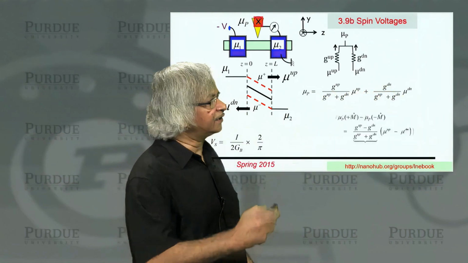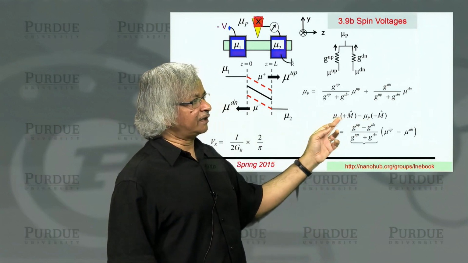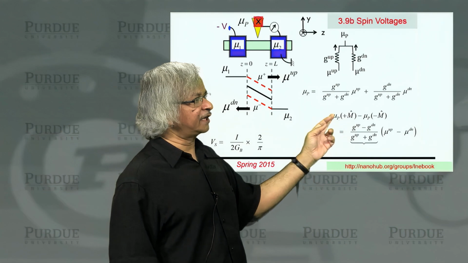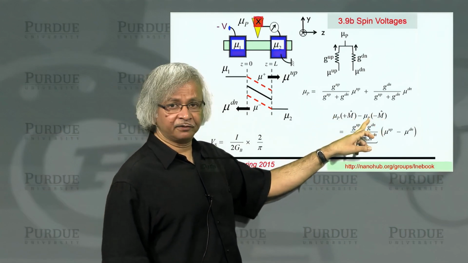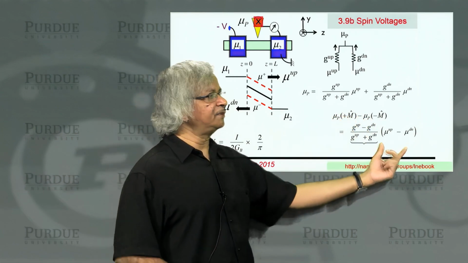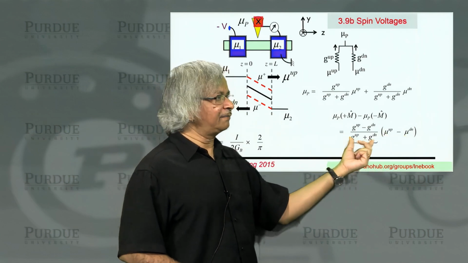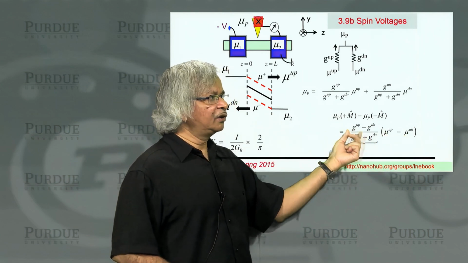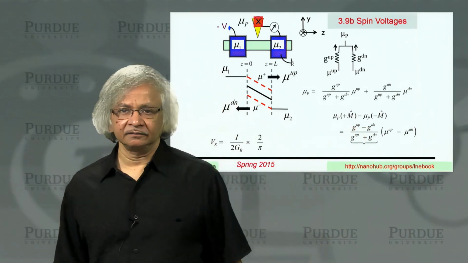And so if you look at the difference in the probe potential, that is, with the magnet pointing in one direction, I get a certain potential. With the magnet reversed, I get another different potential. And if I look at the difference, it will be a measure of this spin potential, multiplied by this quantity here, which depends on how different the two conductances are.